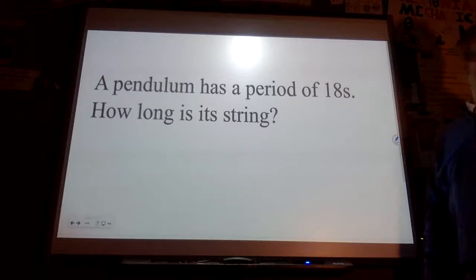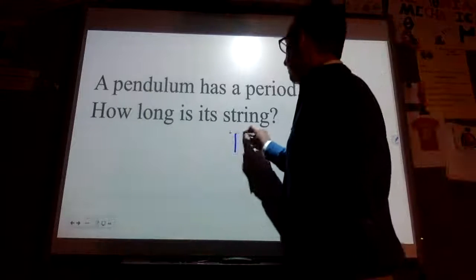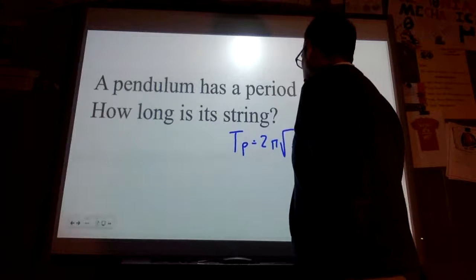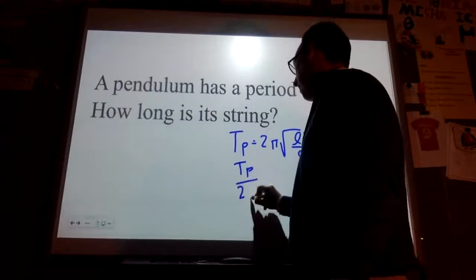All right, so a pendulum has a period of 18 seconds. How long is its string? So I want to get L by itself. I'm going to divide by 2 pi.